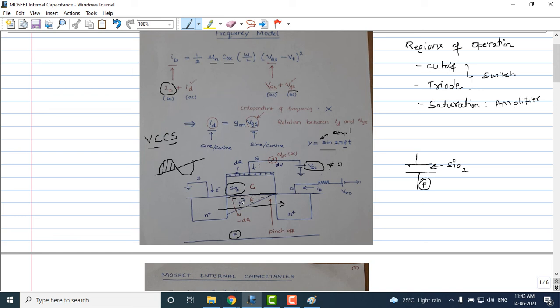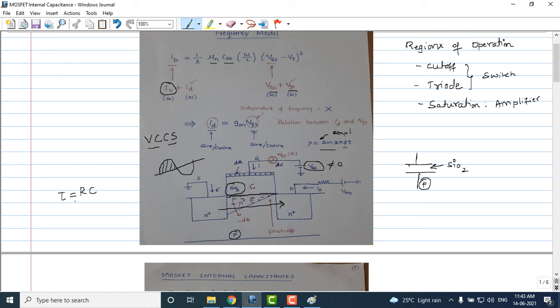So that means there is an R and C component playing within the gate region. If you are aware of digital electronics, RC is nothing but a delay. Tau is equal to RC. That means the delay of this MOSFET depends on the resistance in the gate region and the capacitance in the gate region. So resistance and capacitance play an important role here.